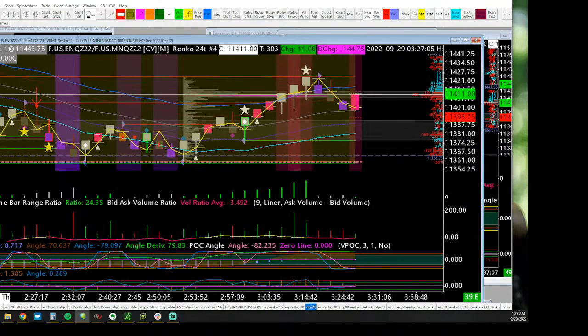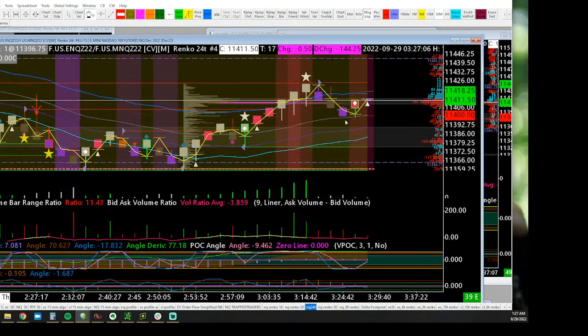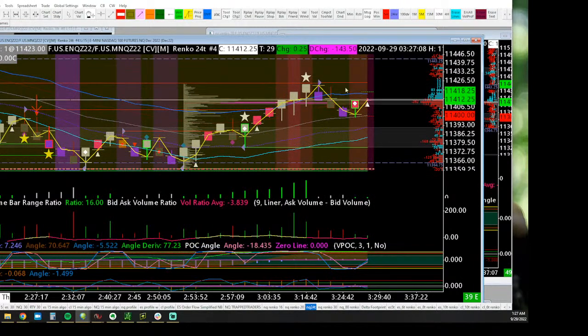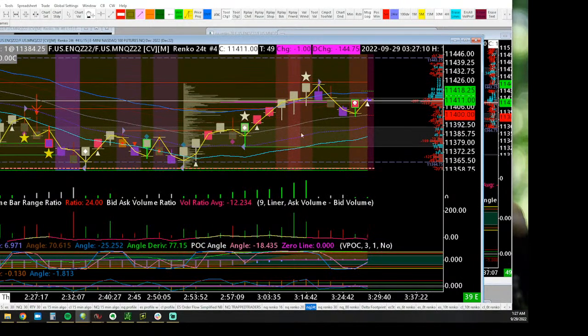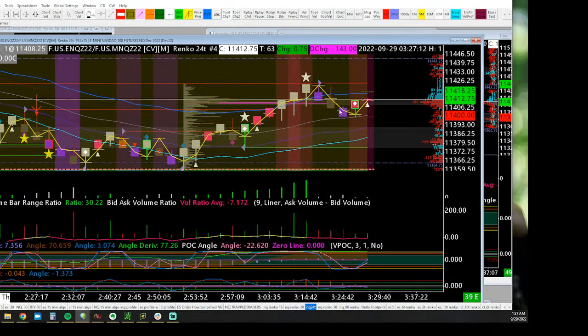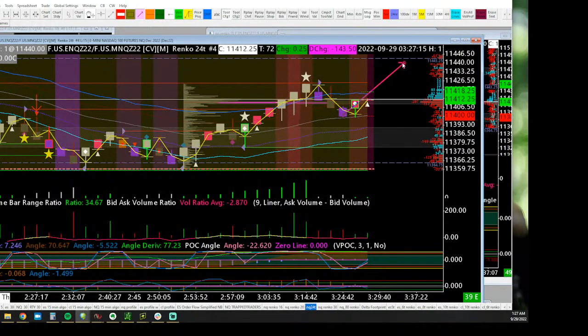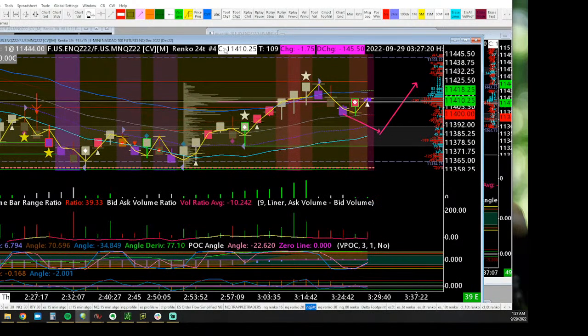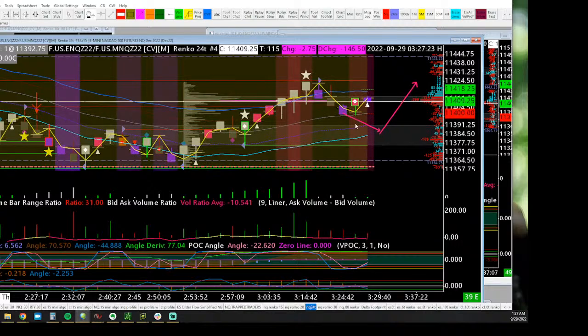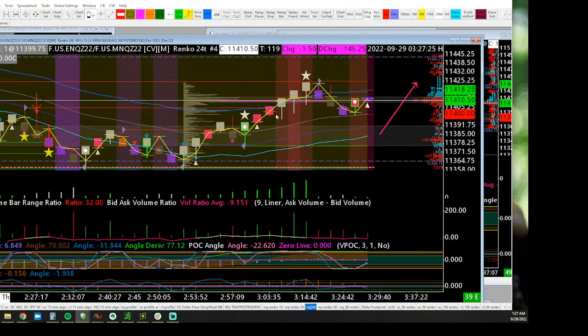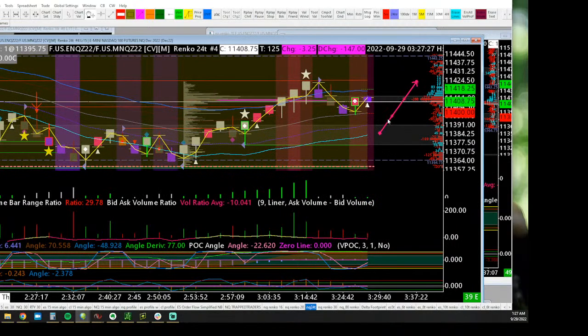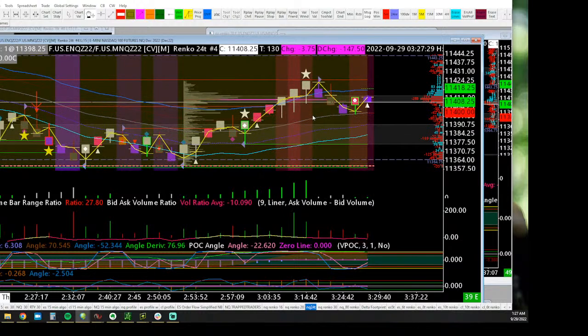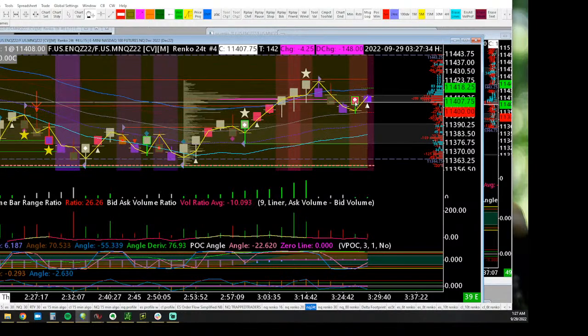I'm okay missing that. So you don't really want a long here, but you technically could say that you'd have to be really bullish to take this trade at the midpoint. But what I will say is if they now come under this and then they come right back up again, I will probably take the long, because that diamond there tells me that the bears tried really hard to push it down and then they quickly covered.